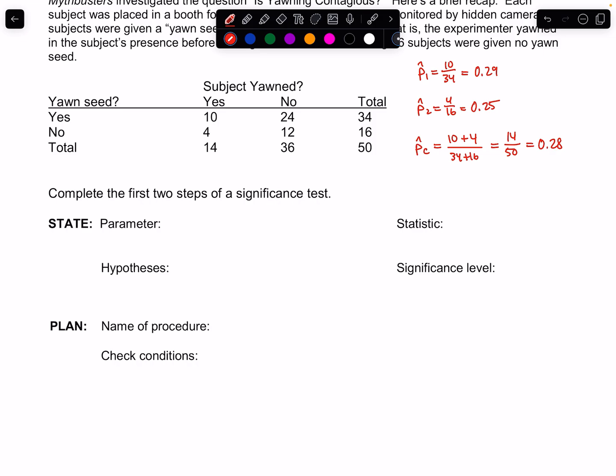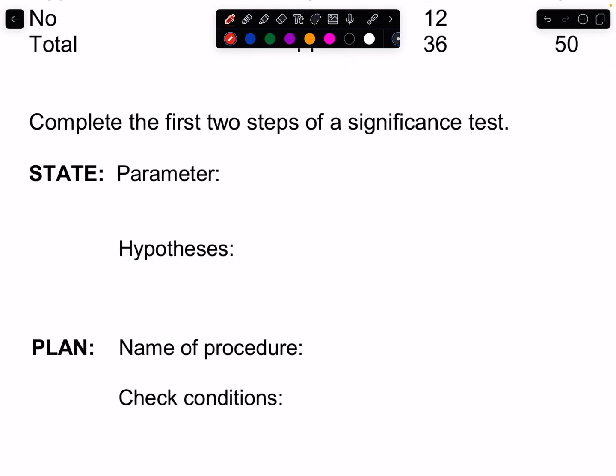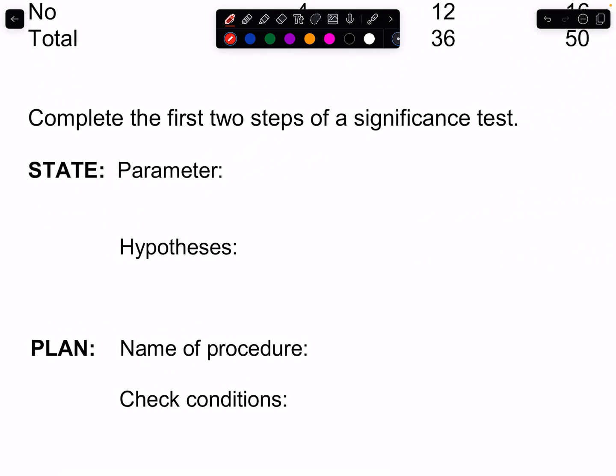Now, our state, plan, do, and conclude. So to do the first 2 steps of this, we're going to state and plan our parameter. So what are we looking at here?